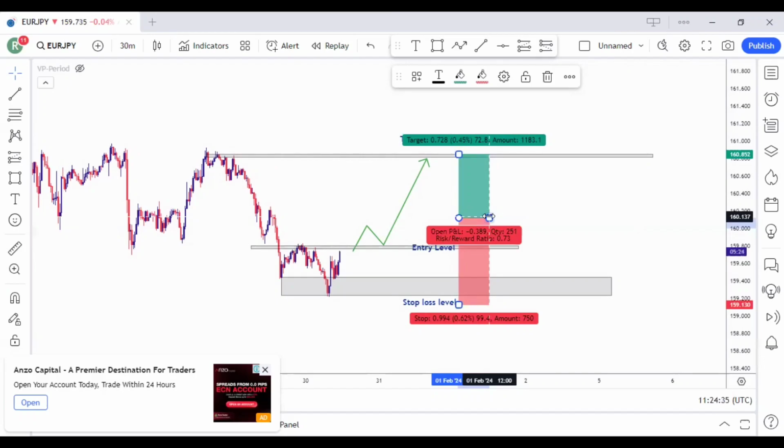Now, this is where you can do a slight adjustment to fit in. But the most important thing is that you risk within that 1%. Let's say you can risk $9, $11, $10, $12, but it will be within that 1%.